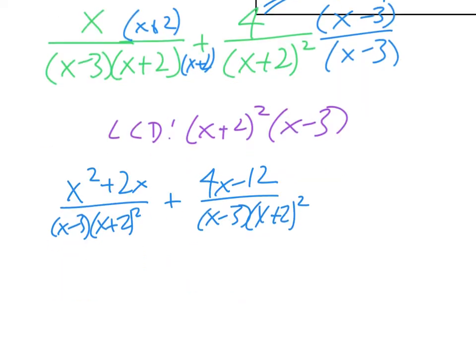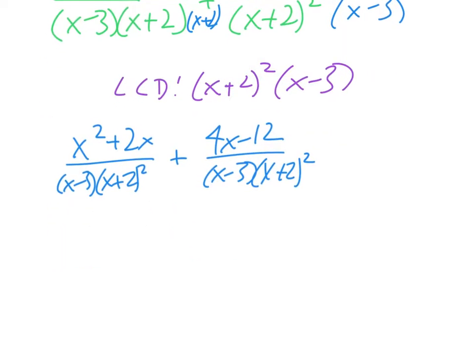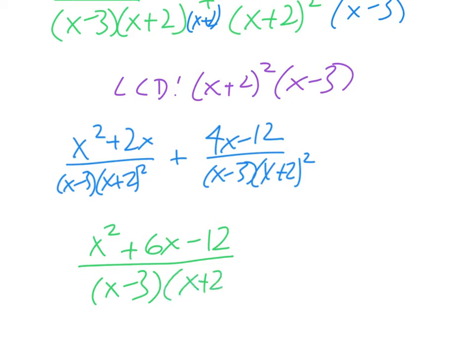And we've got some terms we can combine there. So we end up with the highest degree term x squared, and we'll get a 6x, and then subtract 12. And that will remain over that (x minus 3) times (x plus 2) squared.